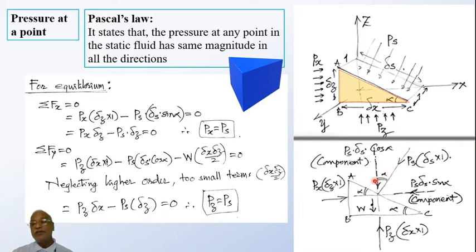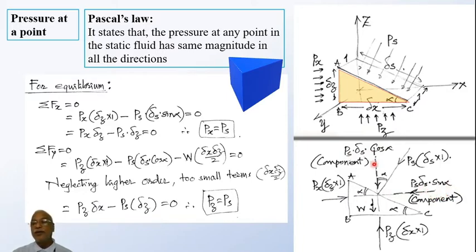When this is alpha, the component of the force along the direction adjacent to the angle is cos. Because of that, it is ps delta s into cos alpha, and the other component will obviously be sine: ps delta s into sine alpha.